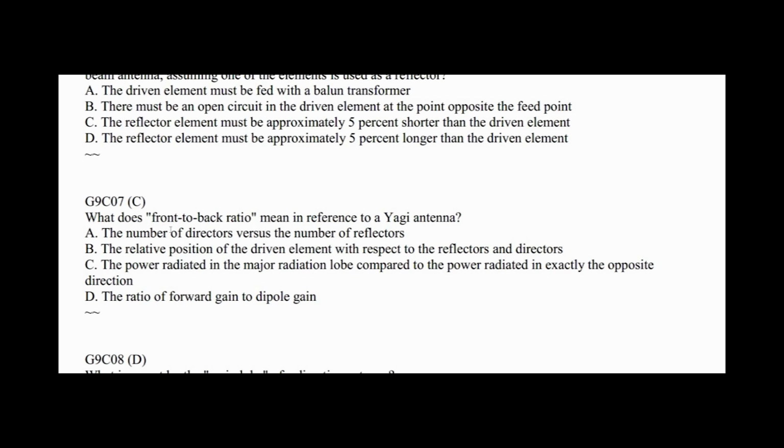A Yagi might have a front-to-back ratio of 20 dB. 20 dB, as we've discussed before, is a 1 and 2 zeros, so there's 100 times difference between the front of the antenna and the back of the antenna. Their answer is C, the power radiated in the major direction lobe compared to the power radiated in exactly the opposite direction. So that's generally in the same line. It's the front lobe turned around 180 degrees compared to the rear of the antenna.